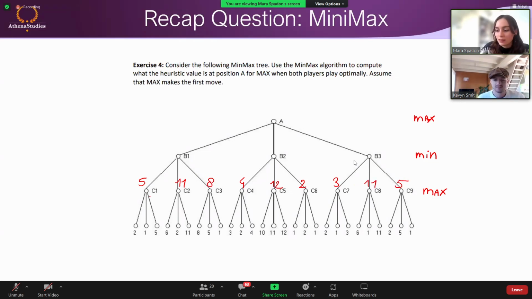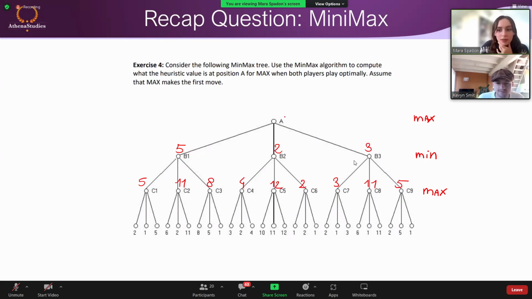Yes, exactly. And then if we would go then to min, you would pick the lowest value from the children from the B, and so that would be 5, then 2, and then 3.